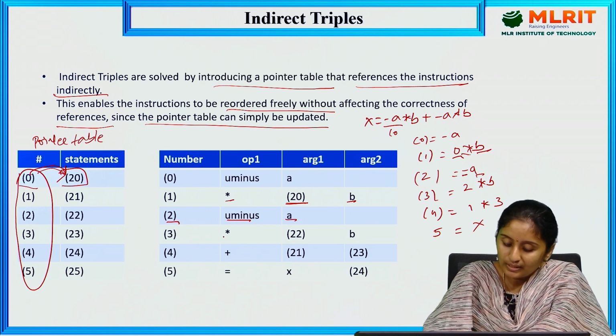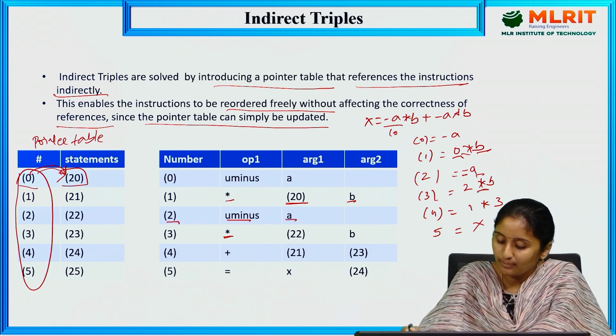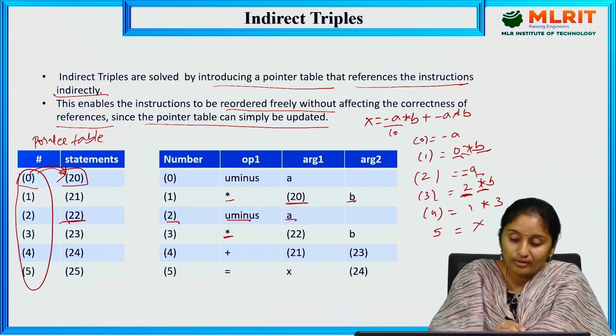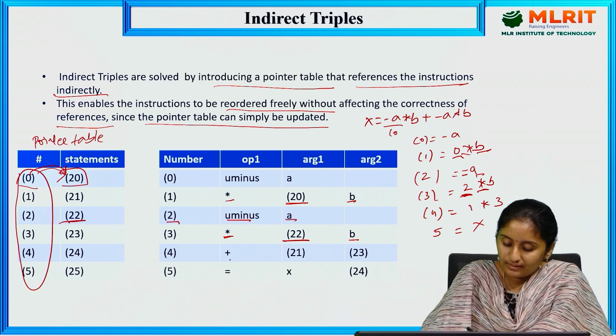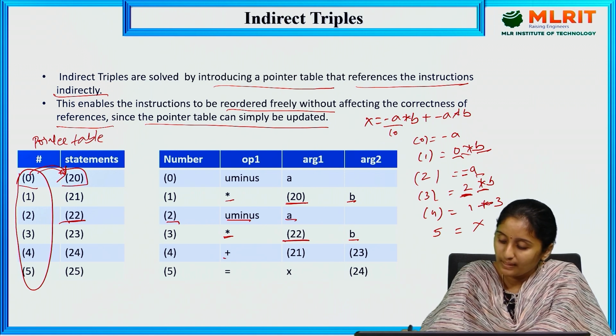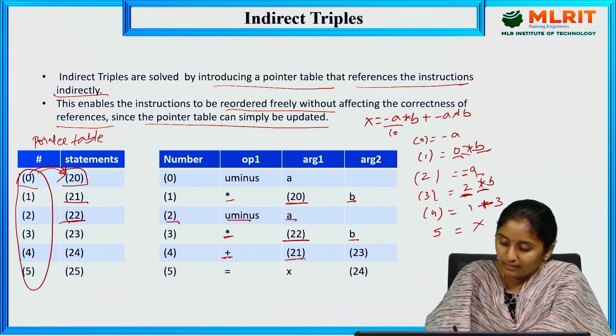Fine. The next one is multiplication. Next, 2. 2 is nothing but, what address am I having? 22 into b. Next, the plus operator is there here: plus 1. 1 is nothing but 21. 3 is nothing but 23.